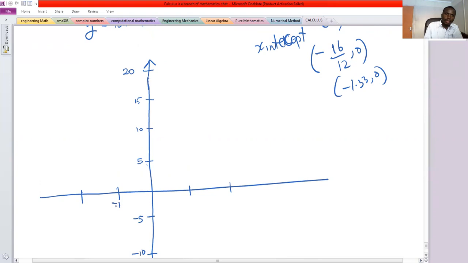So this negative 1, negative 2, 0, 1, 2, 3, 4.